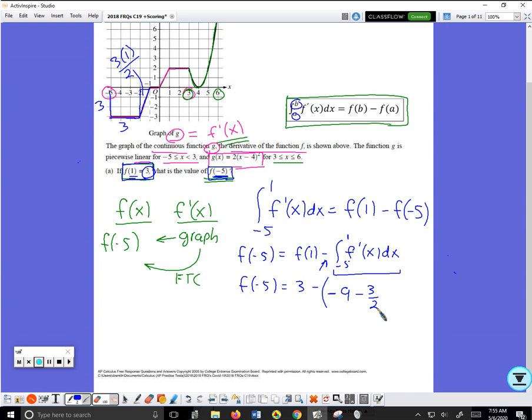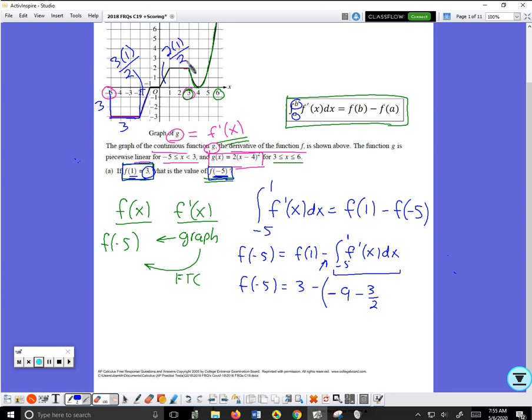No area here. That value of f prime is 0, so integrating 0 would just give a result of 0. This area is 2 by 1. This pen is annoying. 2 by 1 divided by 2, which is just 1.